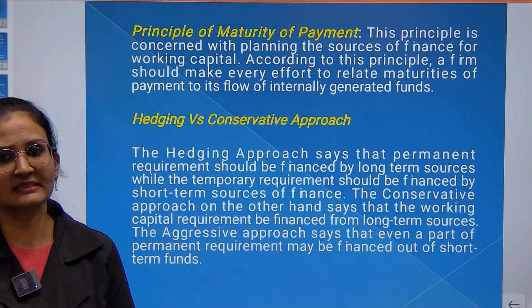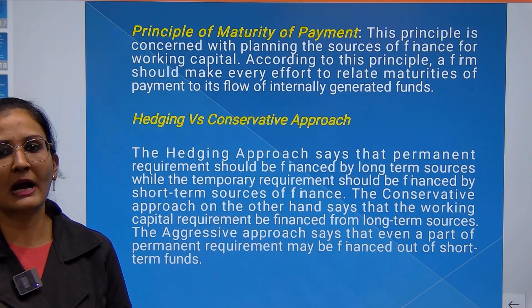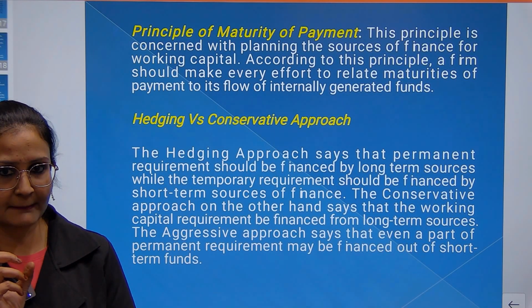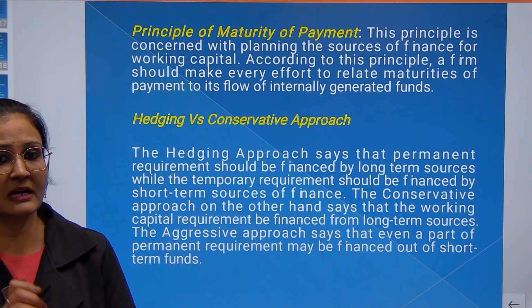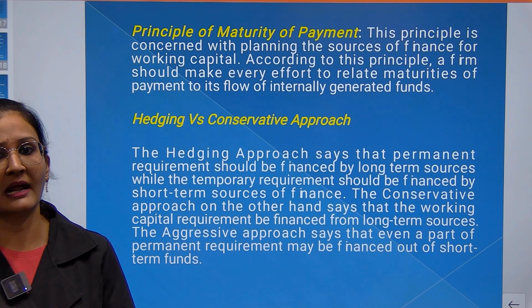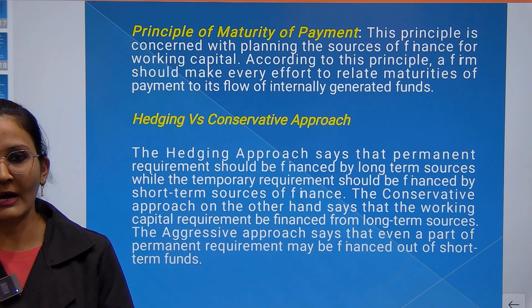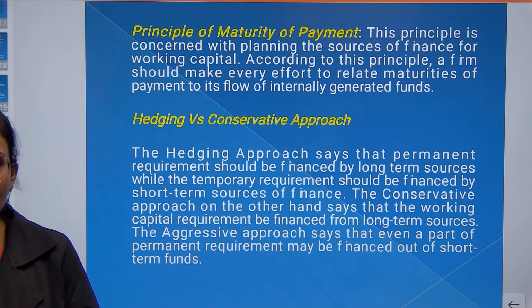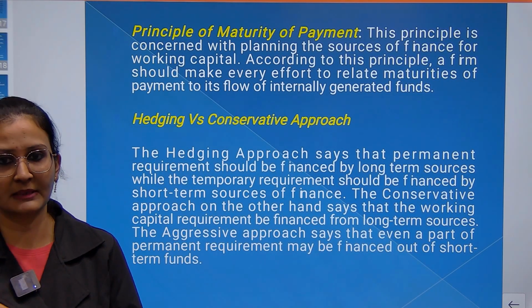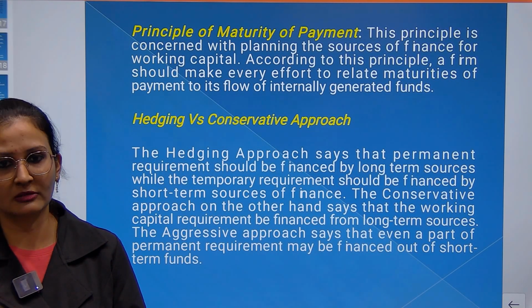The hedging approach says that permanent requirements should be financed by long-term sources, while the temporary requirement should be financed by the short-term sources of finance. The conservative approach, on the other hand, says the working capital requirement be financed from long-term sources, and the aggressive approach says that even a part of permanent requirement may be financed out of short-term funds.